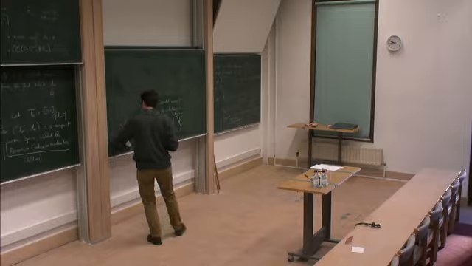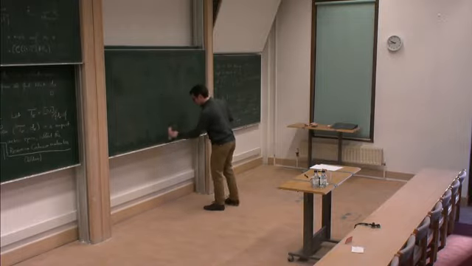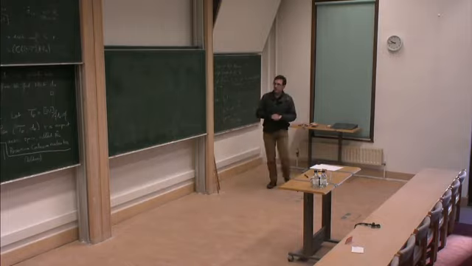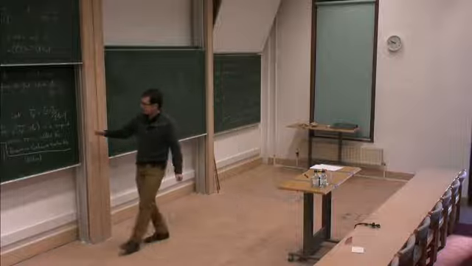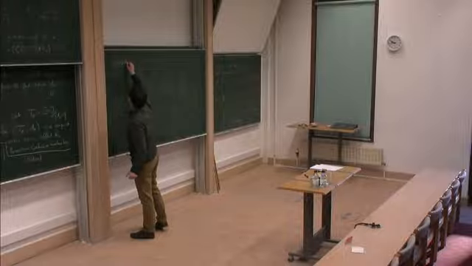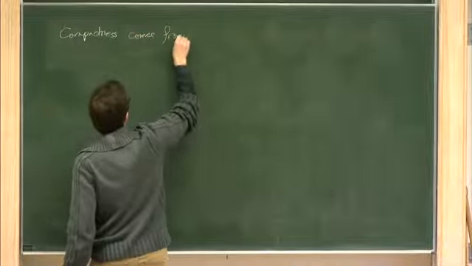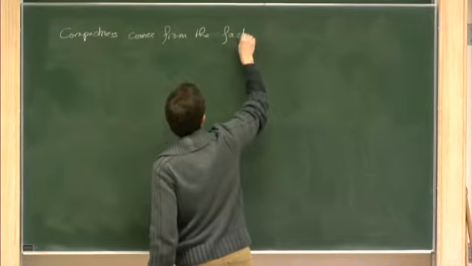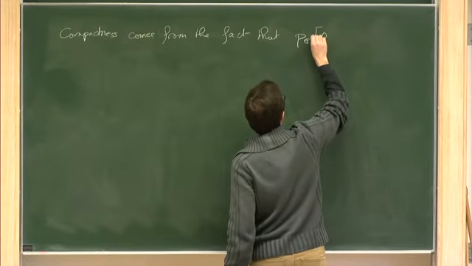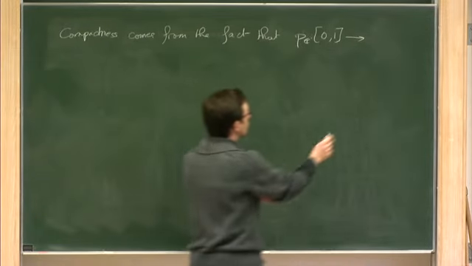Okay, so an important property of T. I didn't actually prove that it's compact. Compactness comes from the fact that when you have an equivalence relation and take a quotient set, you have a natural projection.